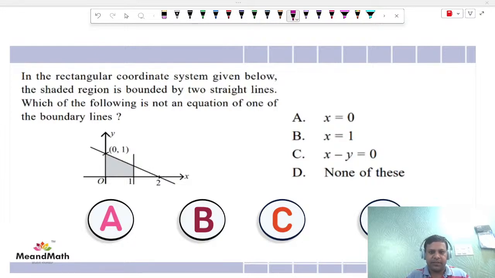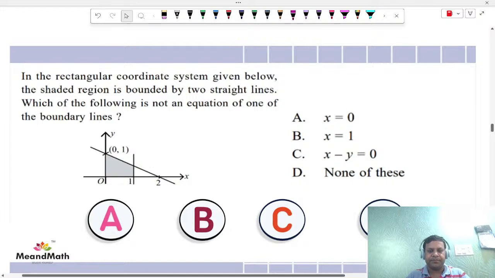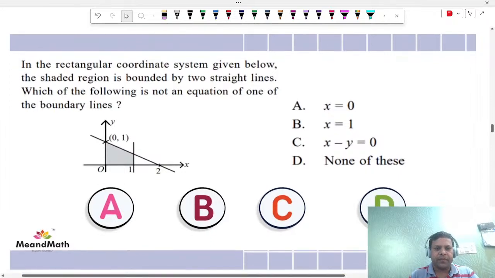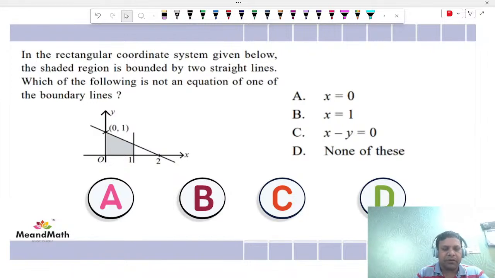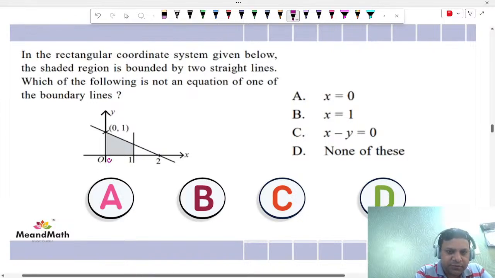Okay, चलो हम देखते हैं क्या होगा. पहले हम कोऑर्डिनेट्स डिसाइड कर लें कि जो बाउंड्री लाइंस है उनके कोऑर्डिनेट्स 0,0 and 1,0. What is the midpoint?